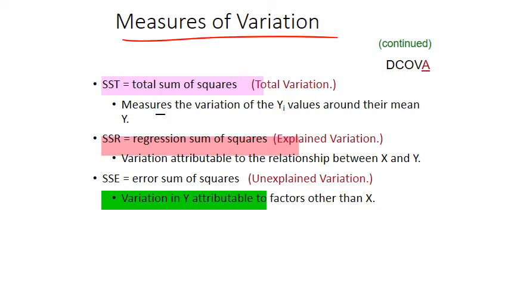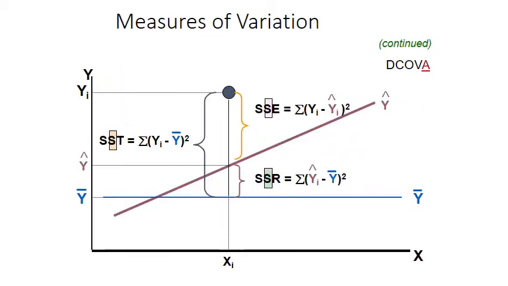And this is measures of variation. Here again it explains what SST, SSR, and SSE are. Here we can see the geometrical interpretation of SST, SSE, and SSR. SSE represents the distance of points from the regression line.